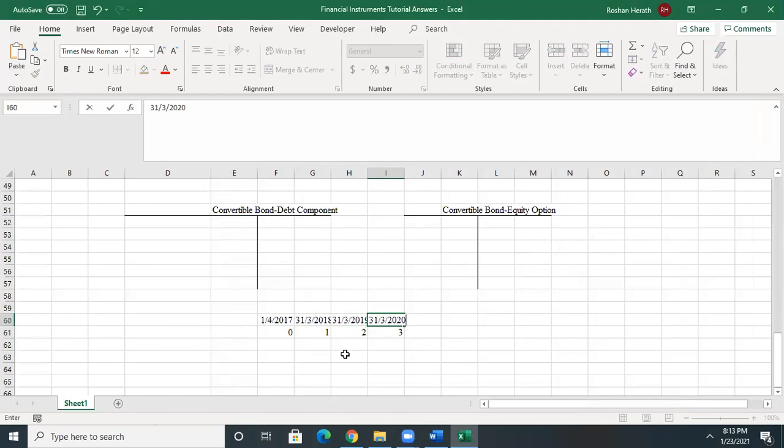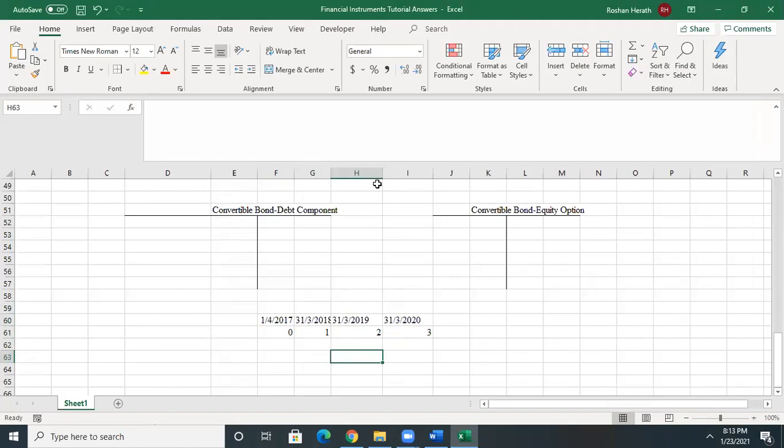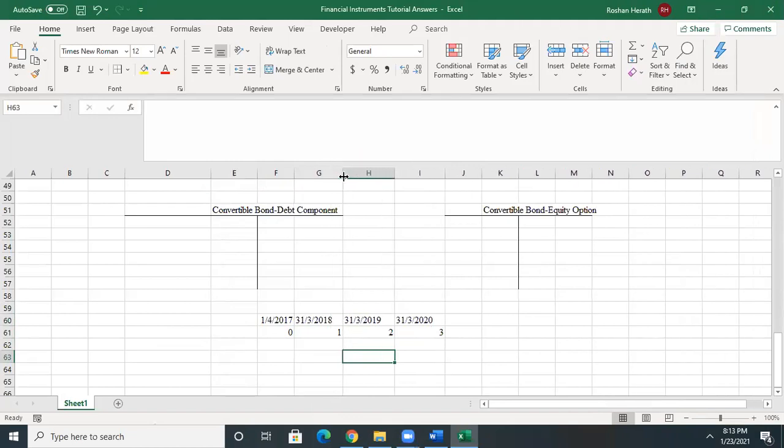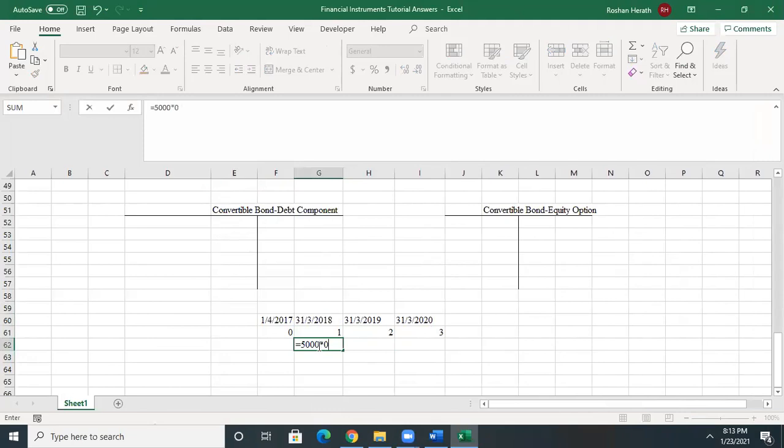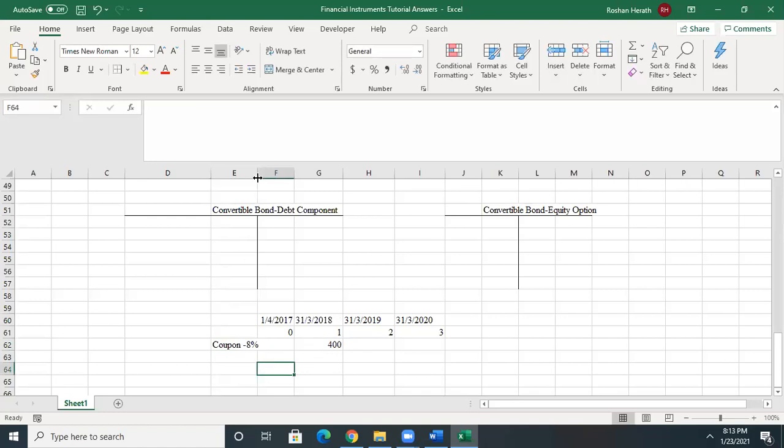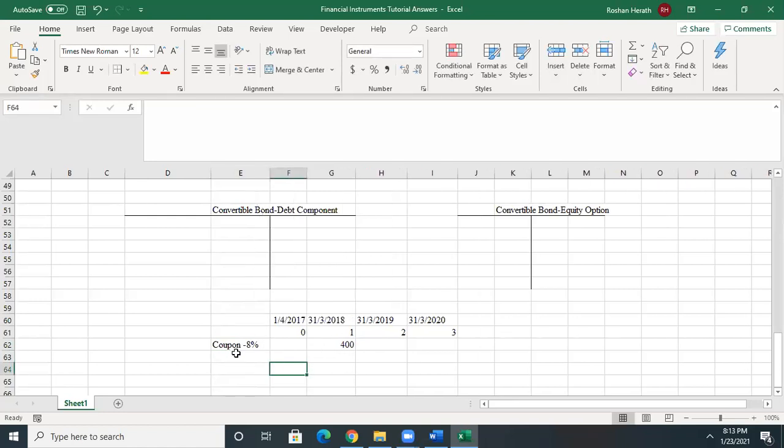In fact you are paying, because here you are taking the perspective of the issuer. So you have to pay the coupon on these dates. It's 5 million, let me take the figures in thousands, into 8%. The coupon must always be taken at the face value or par value, so it's 400,000.